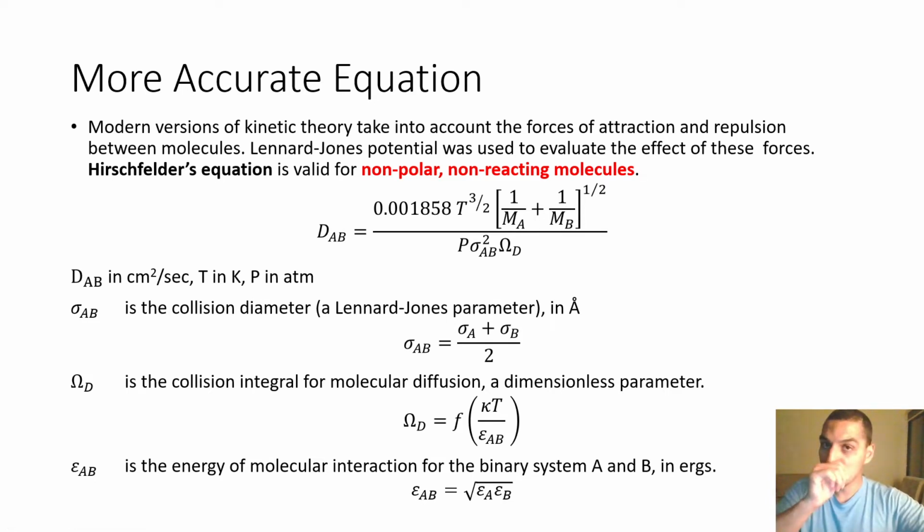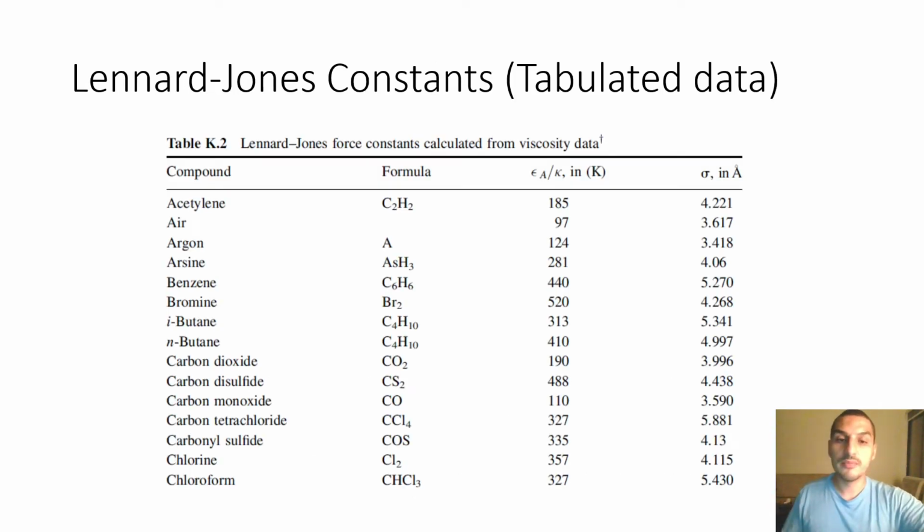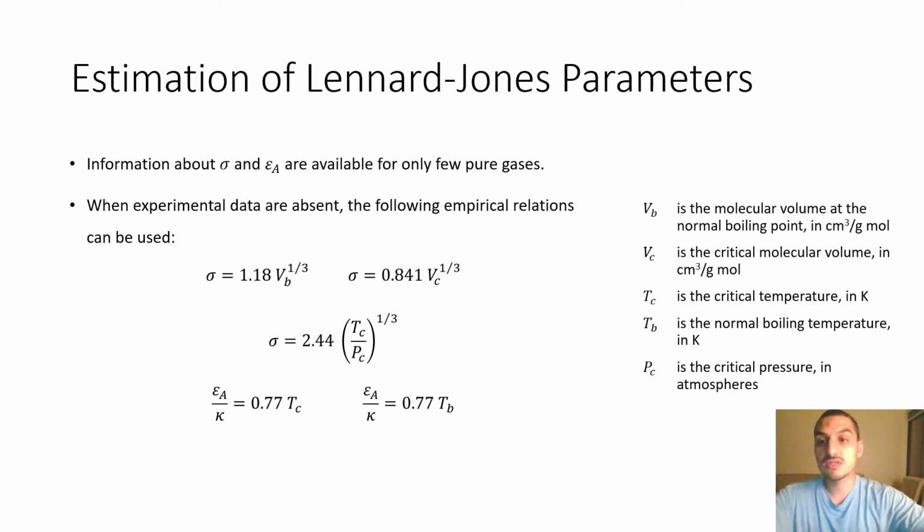So if you find them in the table, you are 80% done with the calculations that you want to do. But let's say you don't have your elements in the table. No matter how big this table is, it's not going to include all the species in the world. So you might have something that's not in the table. In this case, you can use some of the relations that were produced to estimate the parameters, sigma and epsilon over kappa.